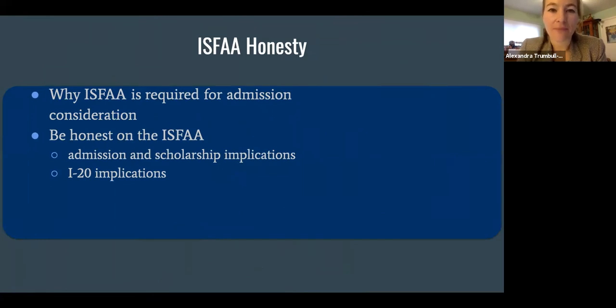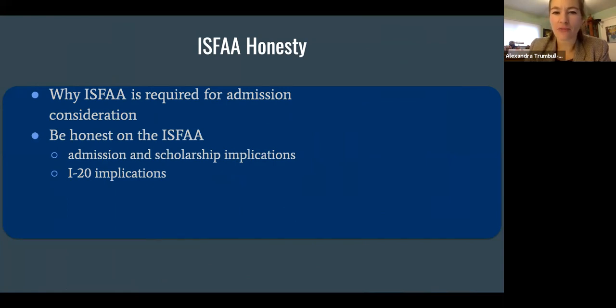So with the ISPA, it's very, very, very important that you present an accurate picture of the maximum amount that your family is able to contribute toward the cost of education. Sometimes we get students who will choose to write in a big amount because they think that they'll be more likely to receive an admission offer if we think that they can afford more.